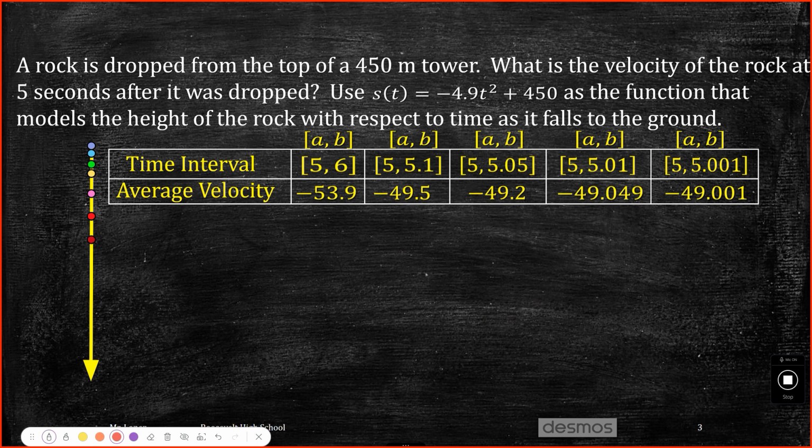You can probably say that the velocity will be negative 49 meters per second at time equal to 5. And with that information, you can get the equation of the line. At time equal to 5, you are 327.5 meters up in the air with a velocity of negative 49.